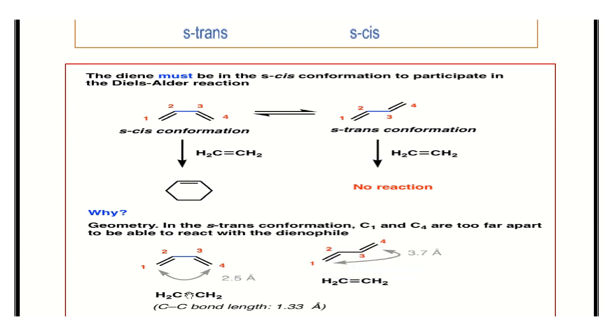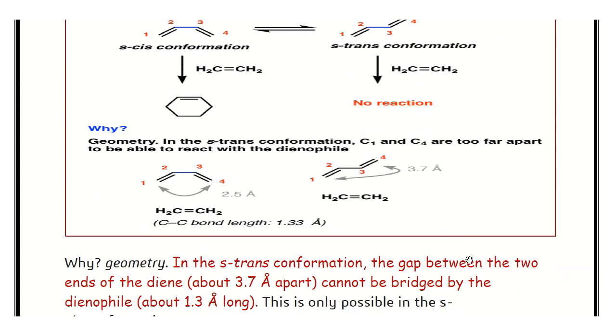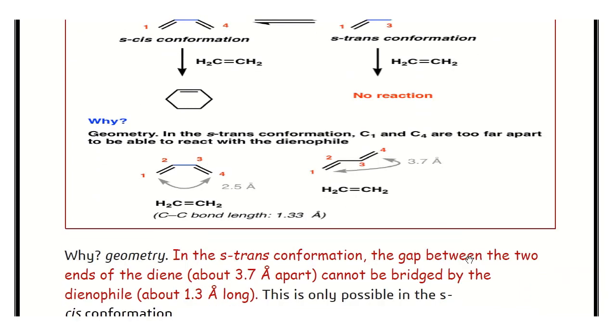You may observe that the distance between the ends of the 1,3-butadiene in S-cis conformation is 1.33 angstrom. On the other hand, the 1,3-butadiene molecule in S-trans conformation has a distance of about 3.7 angstrom, which is huge in comparison to the S-cis conformation.